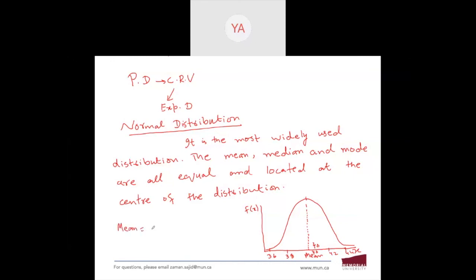This is also equal to our median. This is also equal to our mode, which are equal to 40. So in case of the normal distribution, this curve is always symmetrical. And we have studied about these in previous lectures.